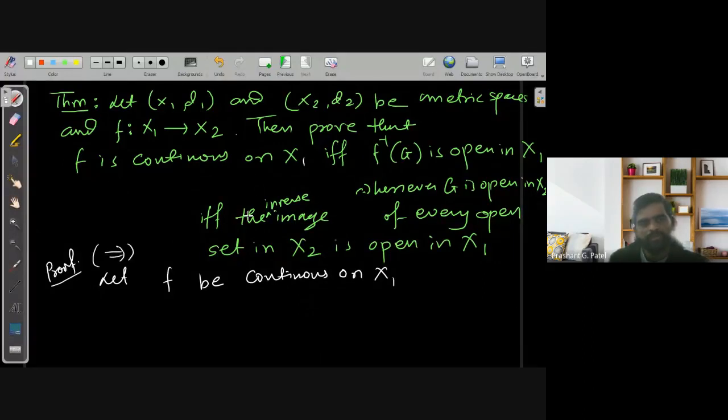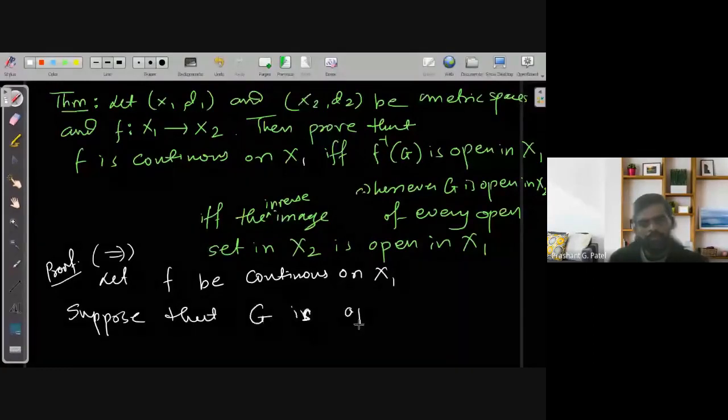That is, f is continuous on X1, and we have to prove the inverse image. So we must show that if G is open in X2, and suppose that G is open in X2, now we shall show that f inverse of G is open in X1.